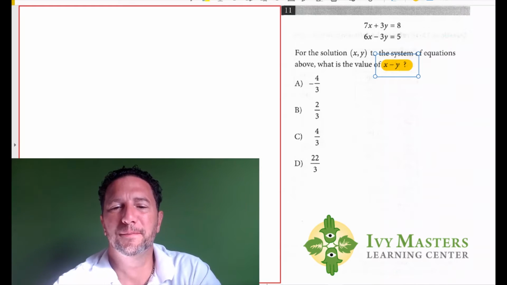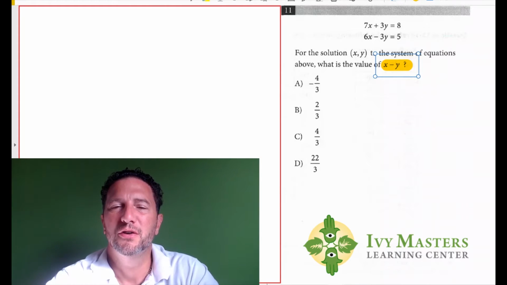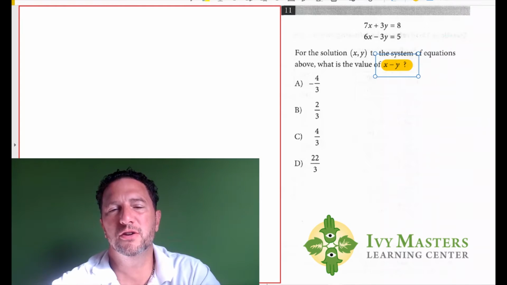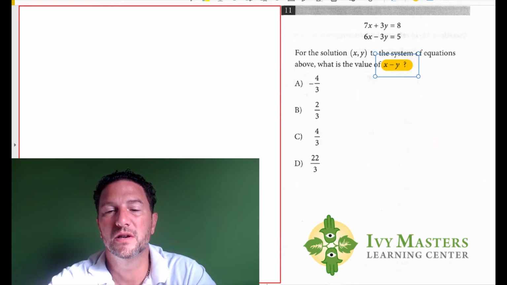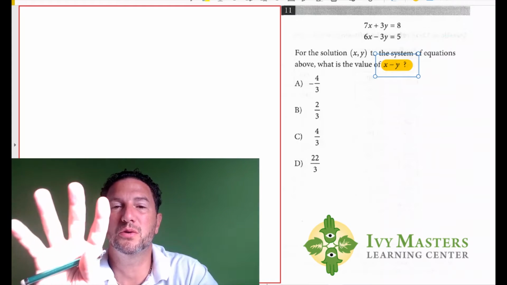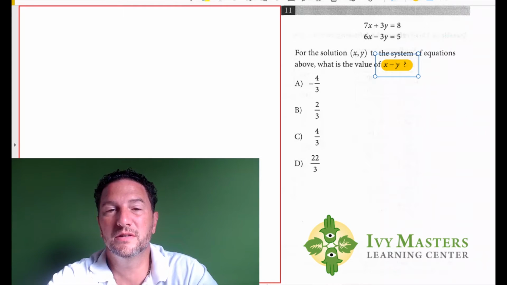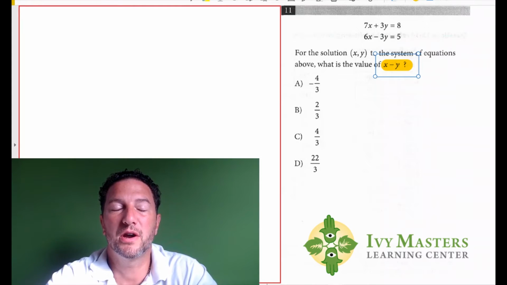Alright, so anyway, first off, for any random system of equations question, what you'd want to do is first ask yourself, should I eliminate or should I substitute? Remember, those are the two ways to do a system of equations. And whenever you've got two equations in standard form, a good rule of thumb is you eliminate. If one of the variables is isolated, you substitute.